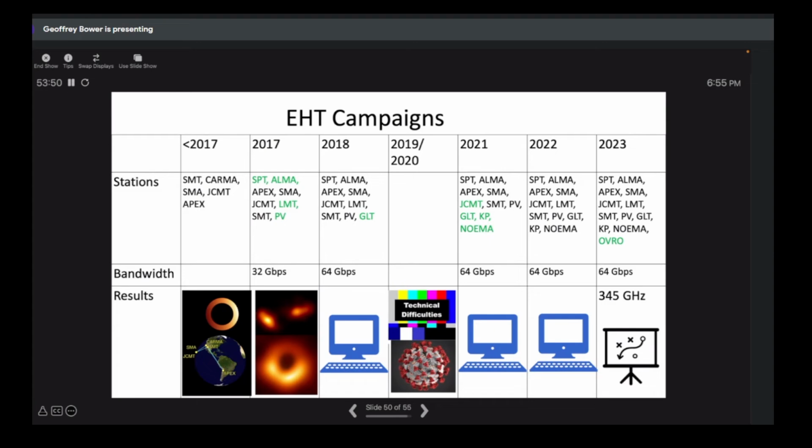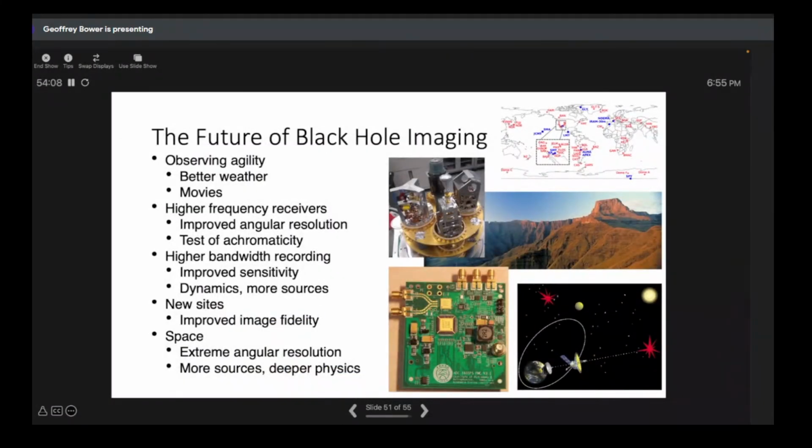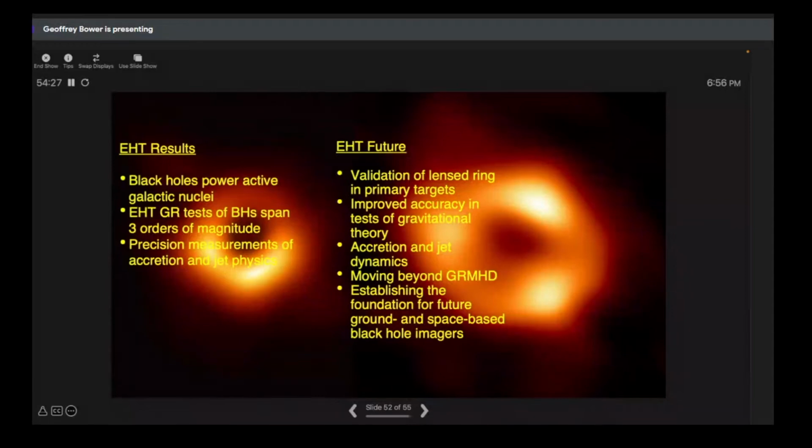We'd like to observe at 345 gigahertz. And we're looking to future years beyond that to have higher fidelity images, make long-term movies, and explore the evolution of these systems. I think I'll skip over this, but there's a huge amount of technical development and dreaming about where this can go over not just in a few years, but 5 years, 10 years, 20 years from now, even going into space. So let me sum up.